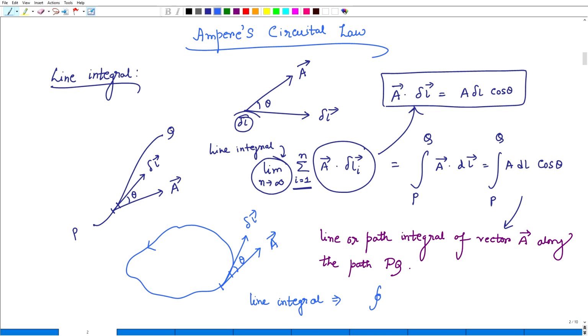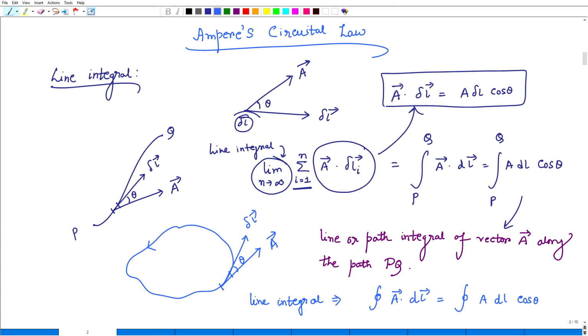In the previous case the total path is an open path from P to Q, that is why we put P to Q. Now, we have to put from P to P. So, that is why we use the closed integral. So, it will be closed integral of A dot dl. So just the same, just closed integration. So it will be A dl cos theta for the closed loop, this one, and for open this.